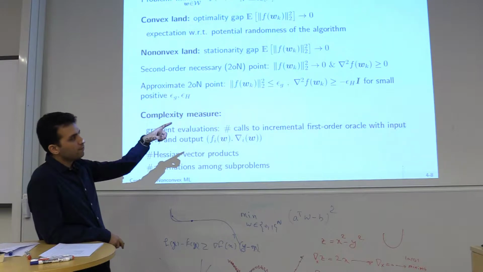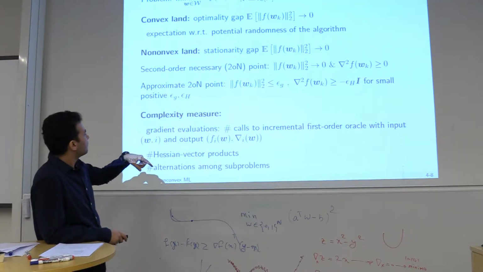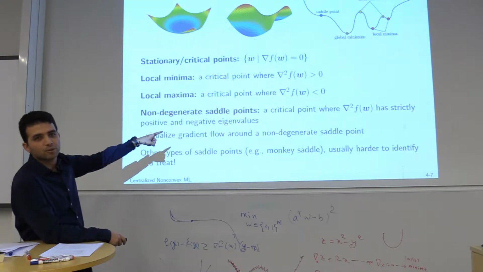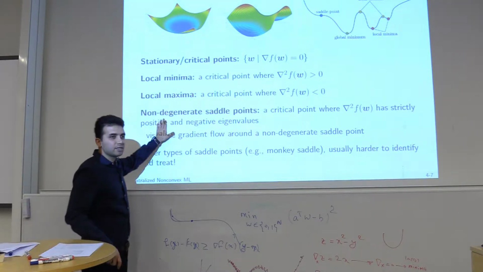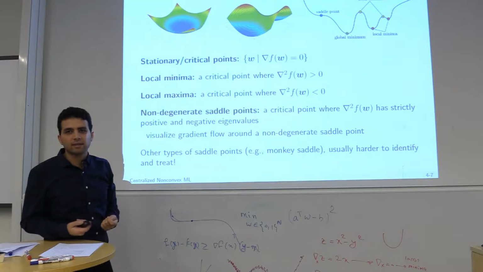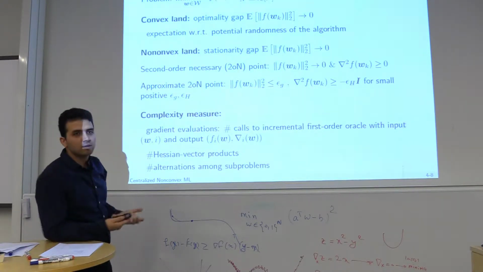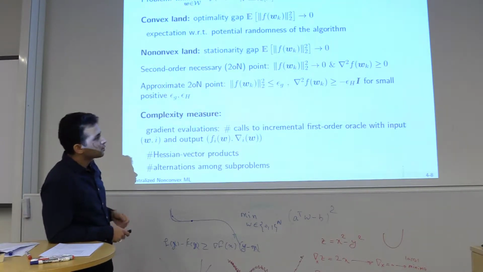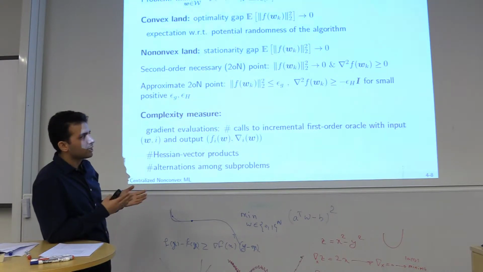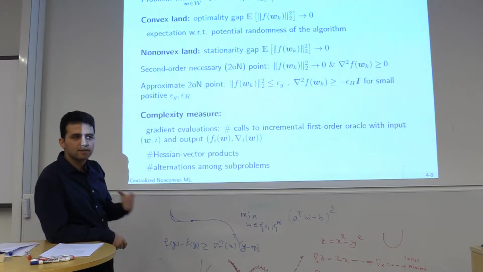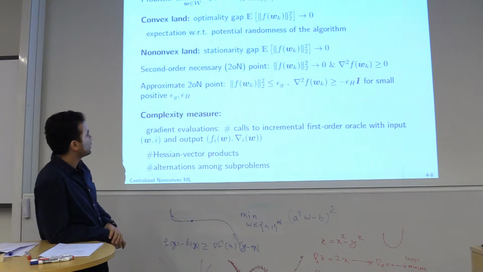But that's okay, because if the Hessian is PD, then we are not at a non-degenerate saddle point anymore, because in order to be there we need to have some negative eigenvalue. Whereas by this definition, we don't have any negative eigenvalue, okay? So this is the great thing. If we can ensure that, then at least we don't have non-degenerate saddle points.